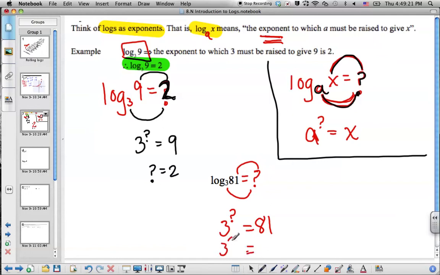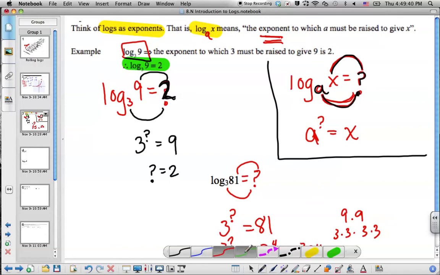I can change it to the same base. You can. So I know that 81 is the same thing as 9 times 9, which is 3 times 3 and 3 times 3. So that's 3 to the 4th. Therefore, the question mark is going to equal 4. So log base 3 of 81 is 4.